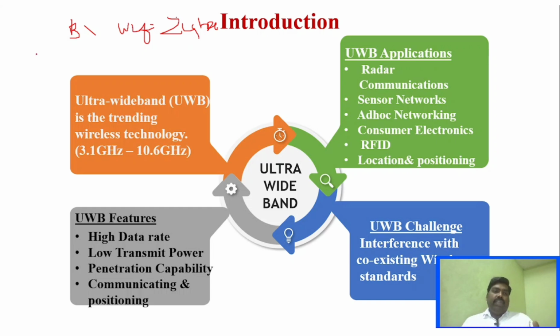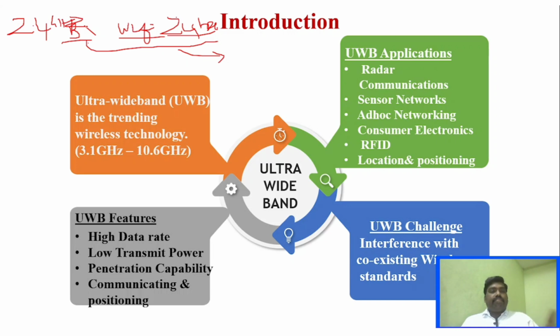When we speak about short range communications, Bluetooth, Wi-Fi, Zigbee, all of these have a specific frequency range, a specific frequency band. Most of them work in the ISM band, 2.4 gigahertz, and it has a very short bandwidth, right?